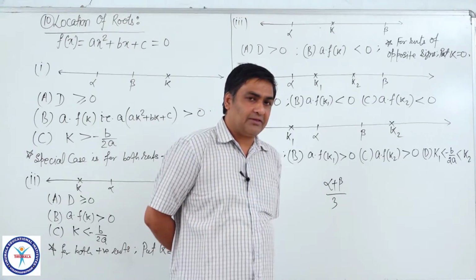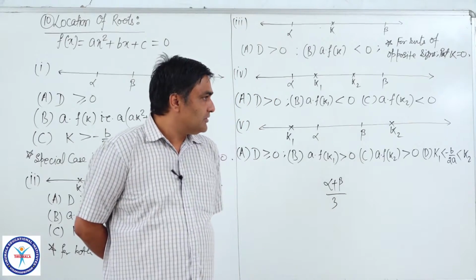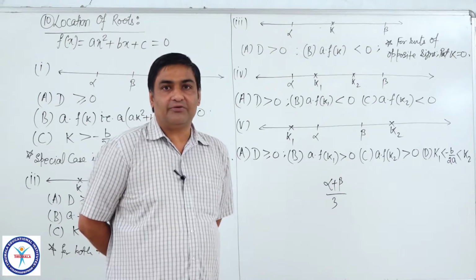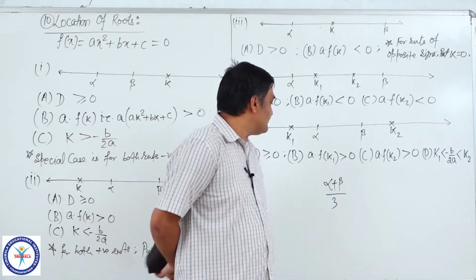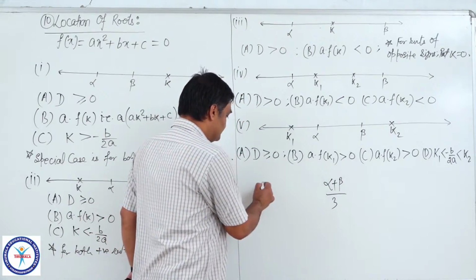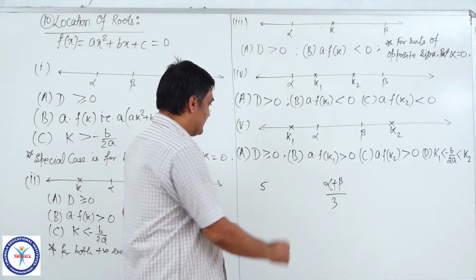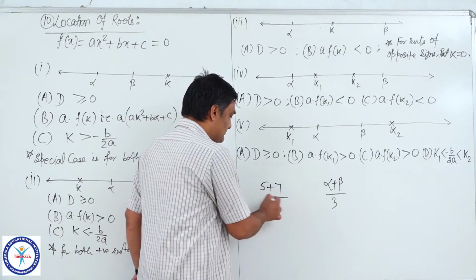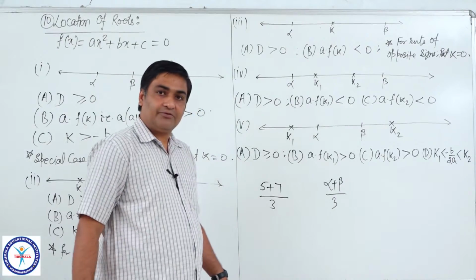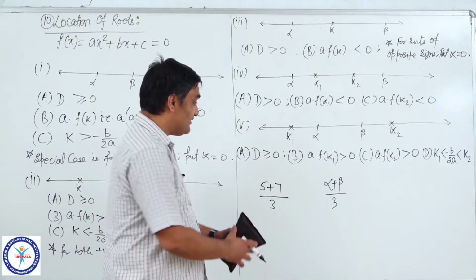No. Suppose alpha is 5, beta is 7. So it is 4, not between 5 and 7.